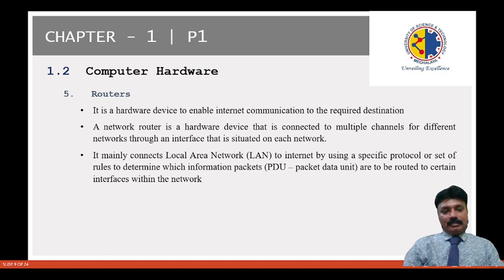Normally we have routers even in our houses, for example a Jio router, which we have in our offices or in our houses. Let's take the Jio router. It has the capacity to give connection to around 22 devices, 22 digital devices.